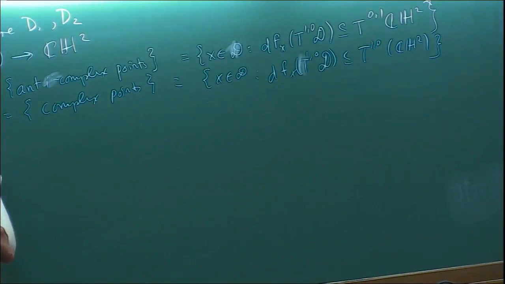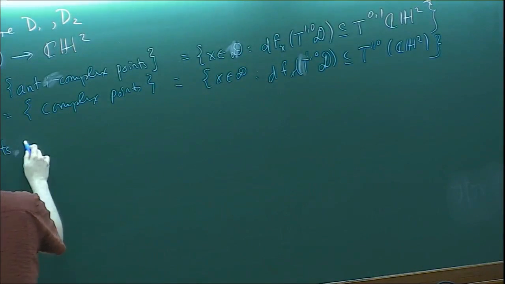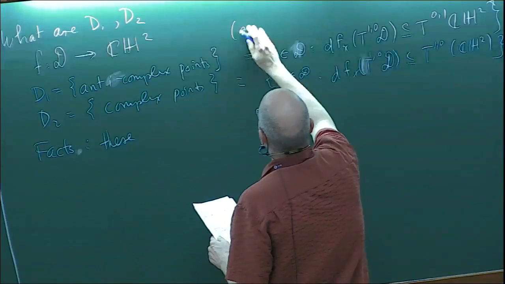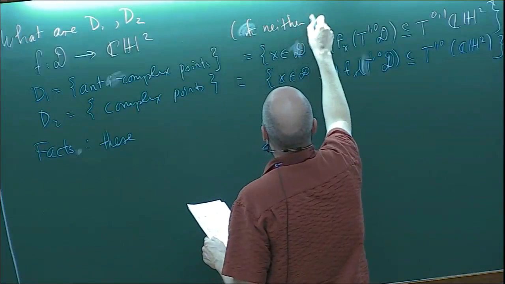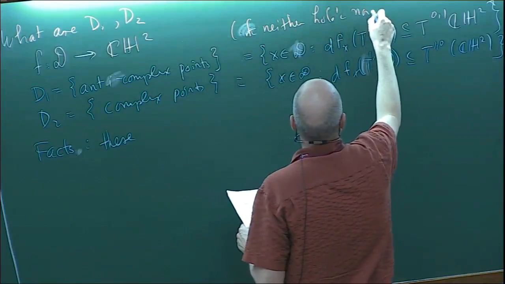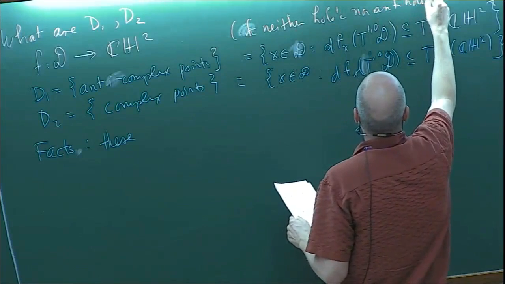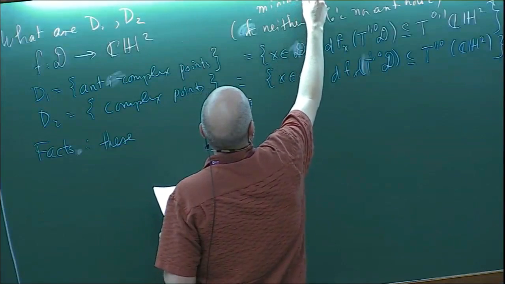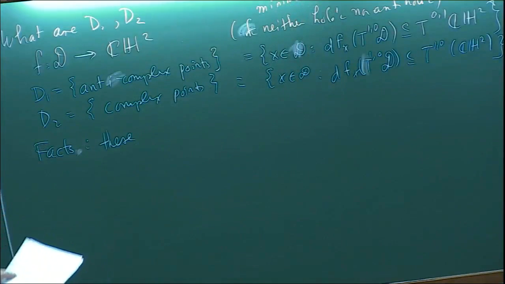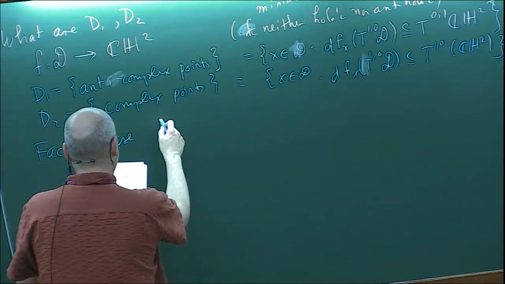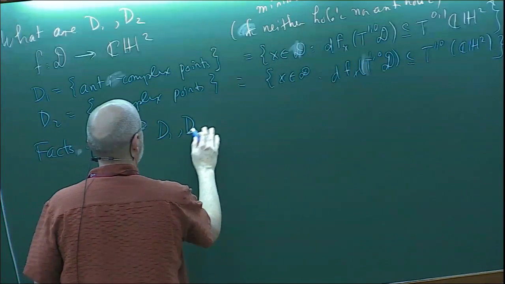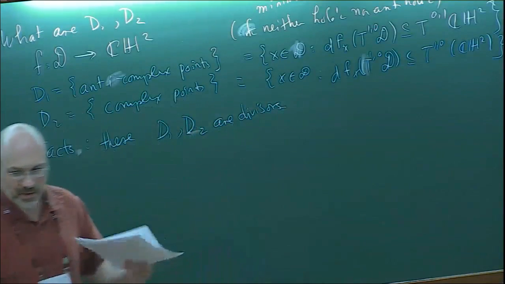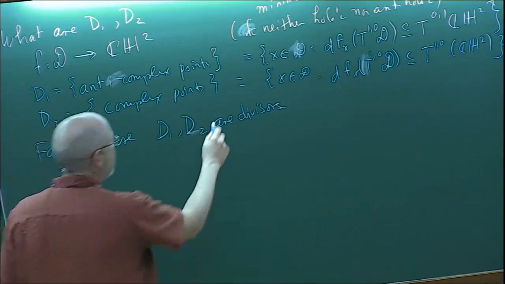And so the basic facts are that, in the situation where we're assuming that F is neither holomorphic nor anti-holomorphic, and is minimal, then D1 and D2 do actually correspond to divisors, and they correspond to non-negative divisors.